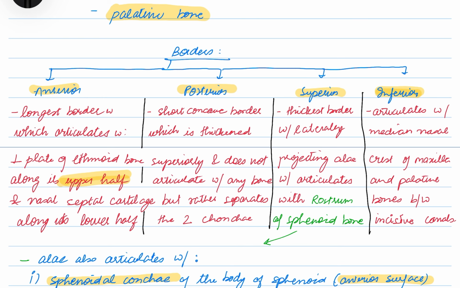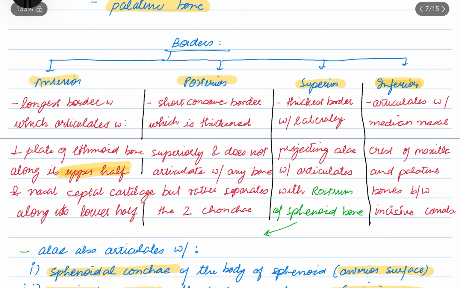The anterior border is the longest border, which articulates with the perpendicular plate of the ethmoid bone along its upper half and the nasal septal cartilage along its lower half.